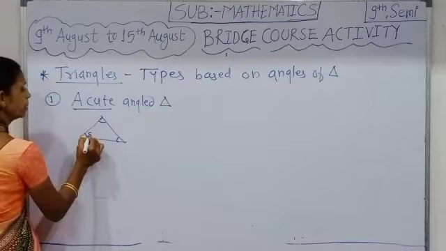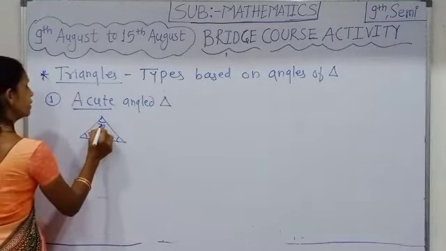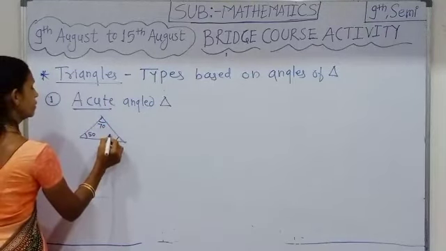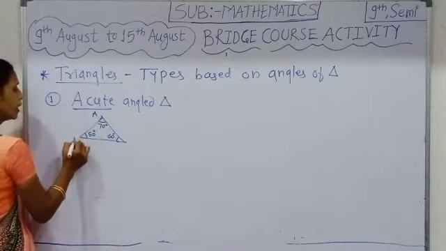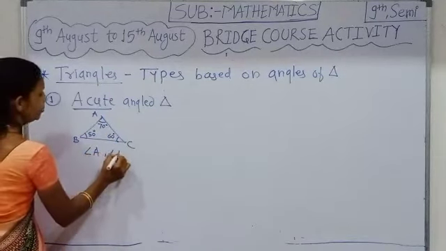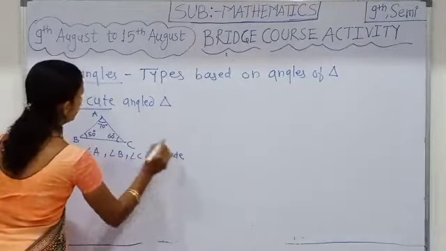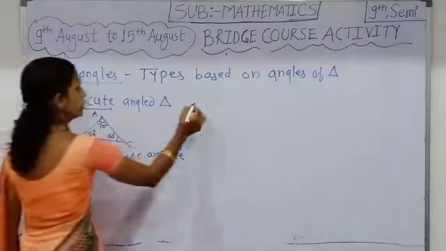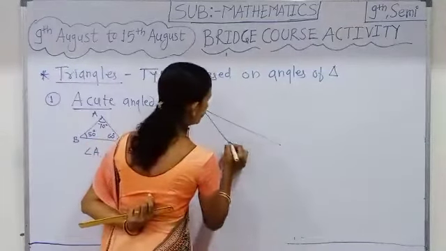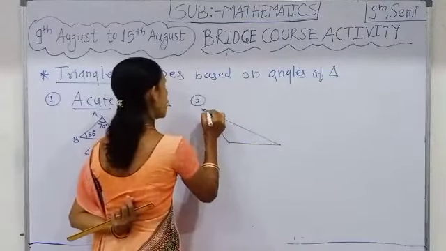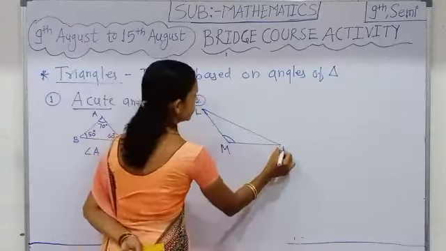For example, 50 degrees, 70 degrees and 60 degrees. All three angles are acute. Here angle A, angle B and angle C are acute angles. Therefore it is an acute angled triangle. Second, a triangle in which only one angle is obtuse.